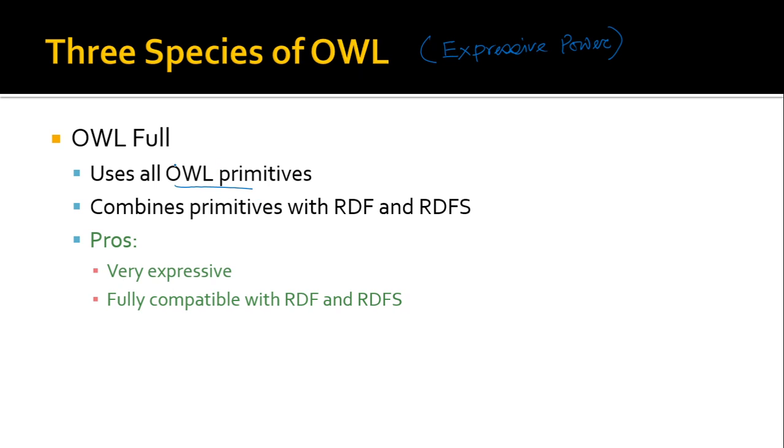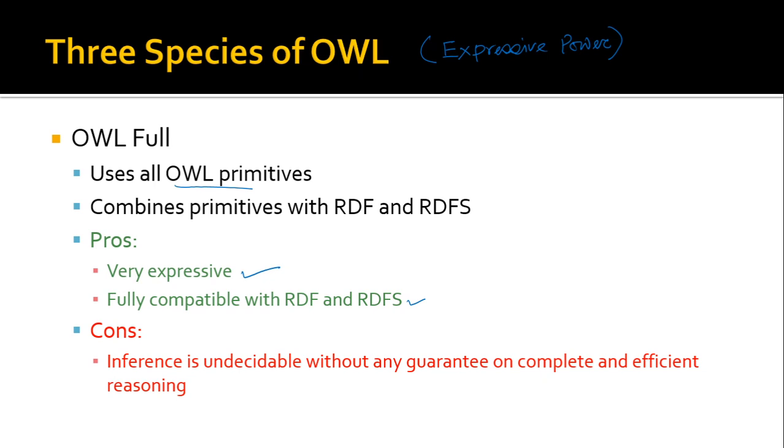The advantage of having this is that it is very expressive and fully compatible with RDF or RDFS, right? But the con is, as this is more expressive, you might have inferences which are undecidable. So you may end up in the domain of undecidability. And what is that domain?